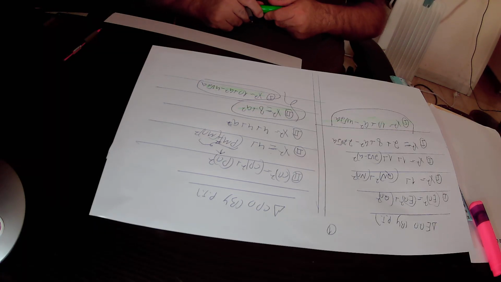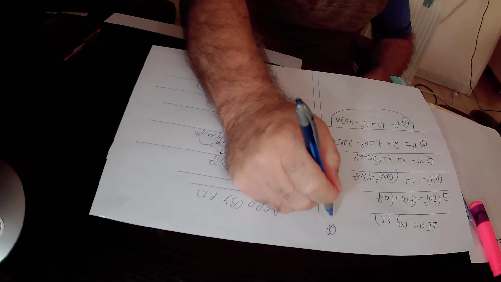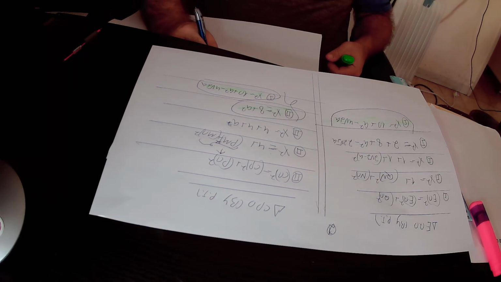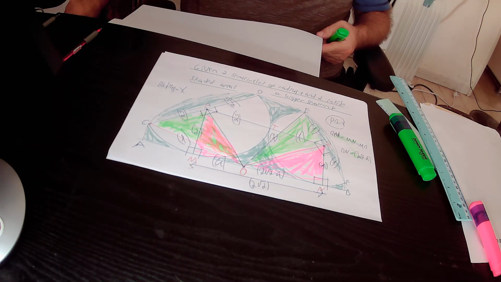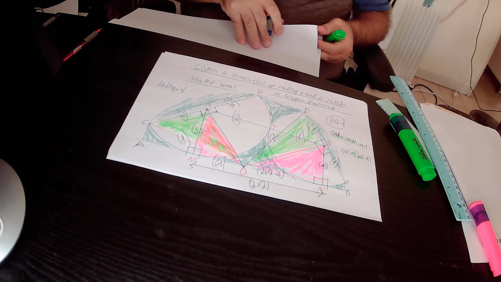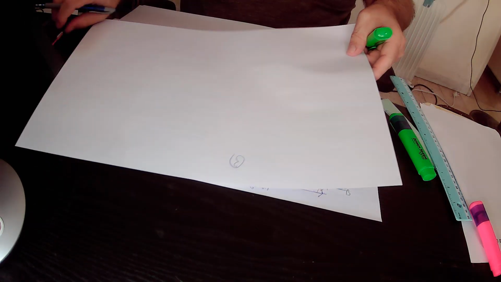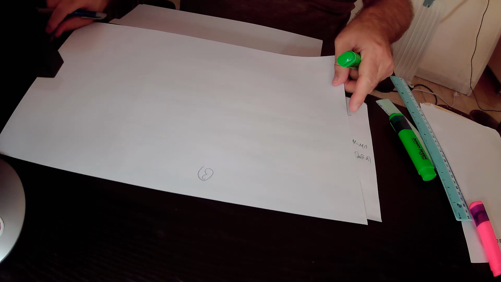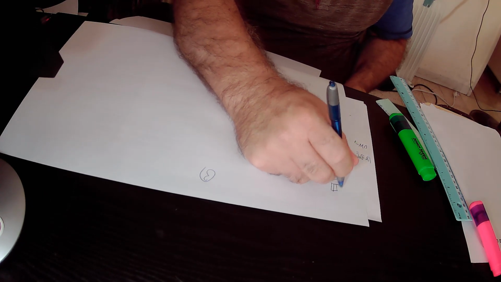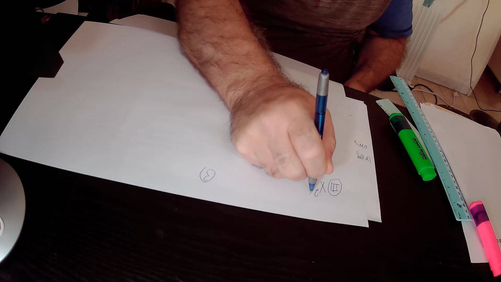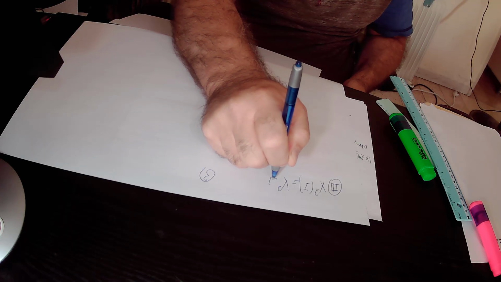Therefore, we get equation 3. It states that x squared according to equation 1 must be equal to x squared according to equation 2.